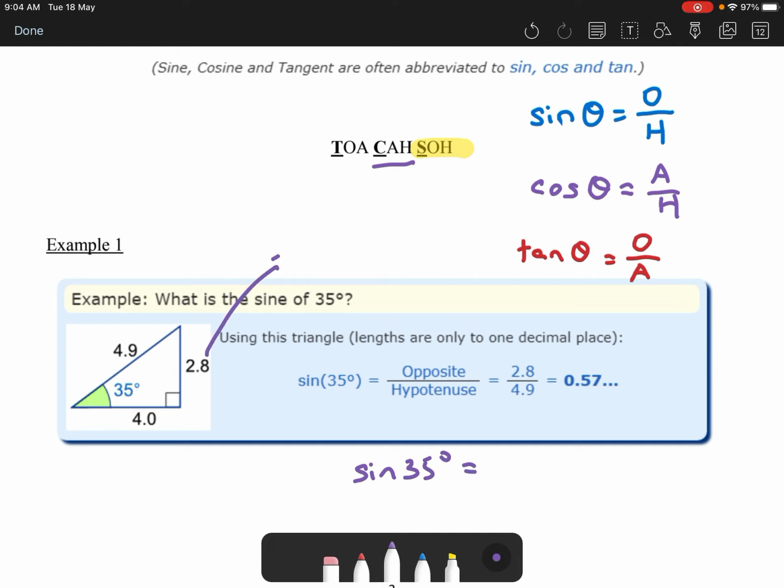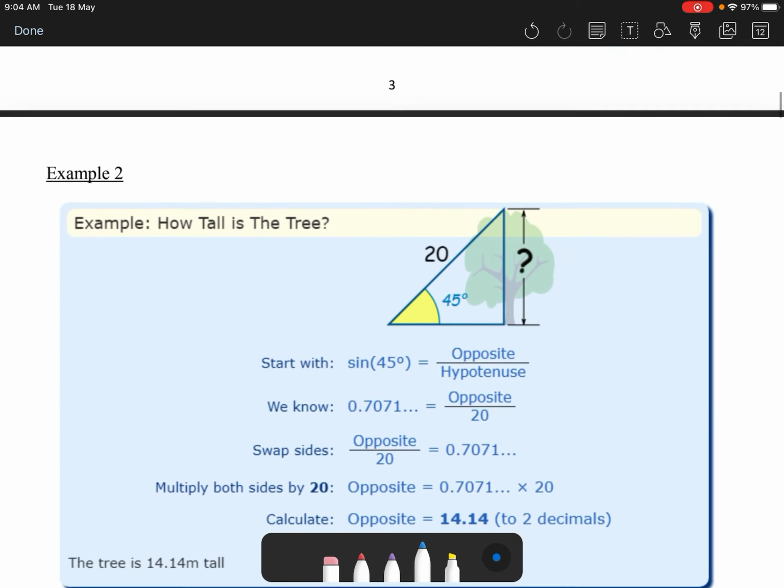So 2.8 is what we call the opposite, divided by the hypotenuse. So it's equal to 2.8 divided by 4.9. If you use calculator, you will get a value of 0.571.